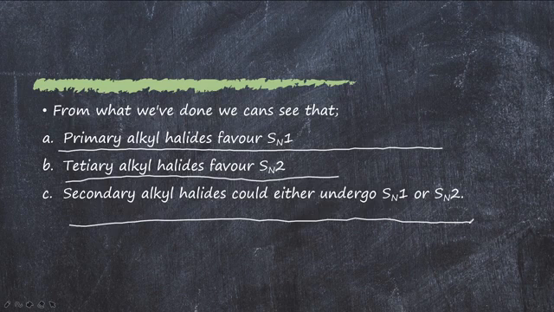I told you the factors: you can change the polarity of the solvent, the concentration, whatever factor, and that will determine the mechanism you want it to undergo. But it can undergo either SN1 or SN2. I think that's all I was meant to talk about.